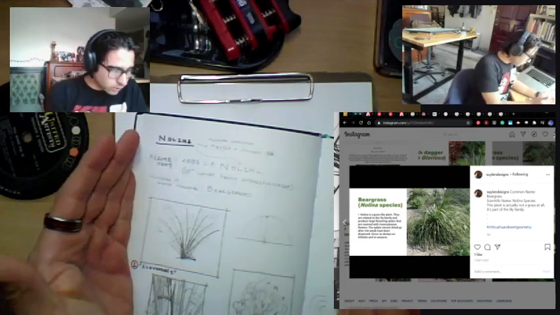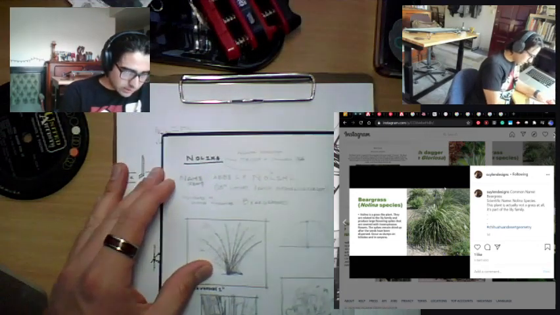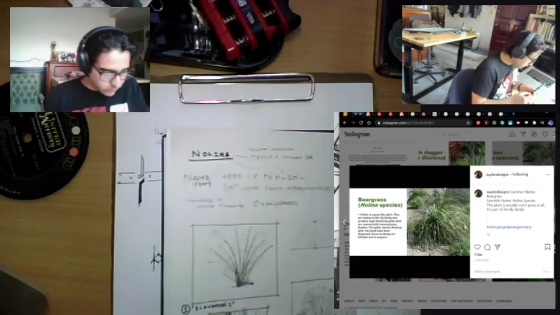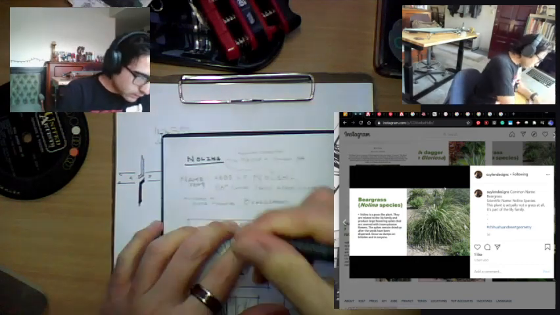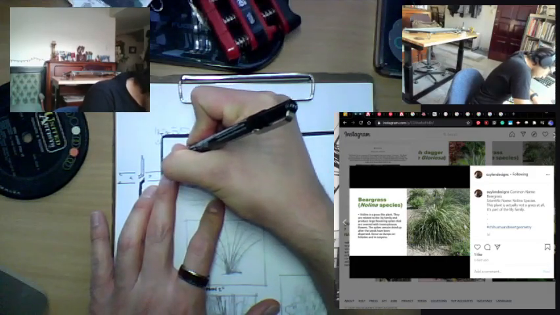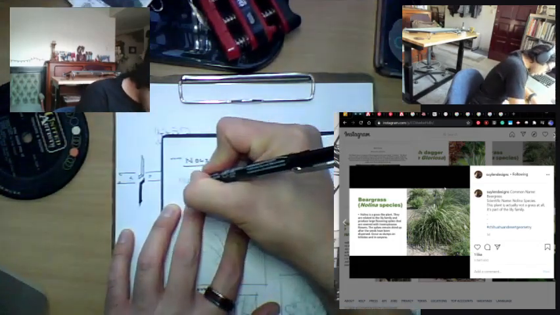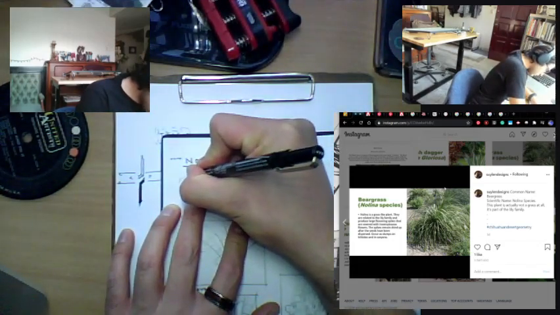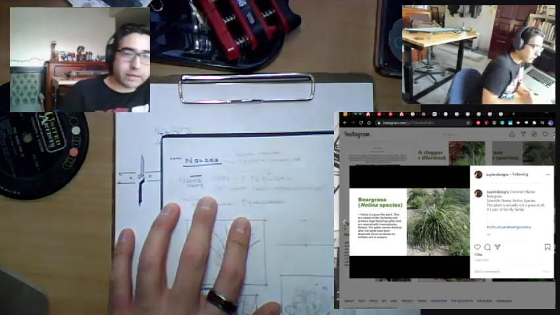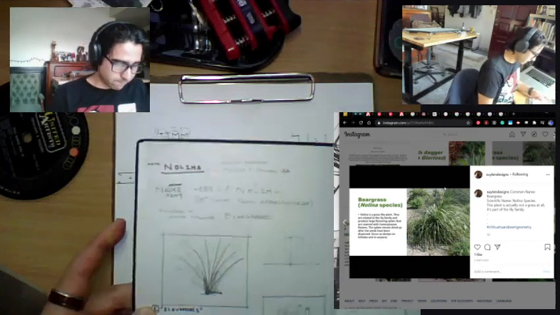So again, we'll call this a data sheet right here for species number 1. All right. So, name, right? Name origin. And so again, what makes your selected species unique? Okay.